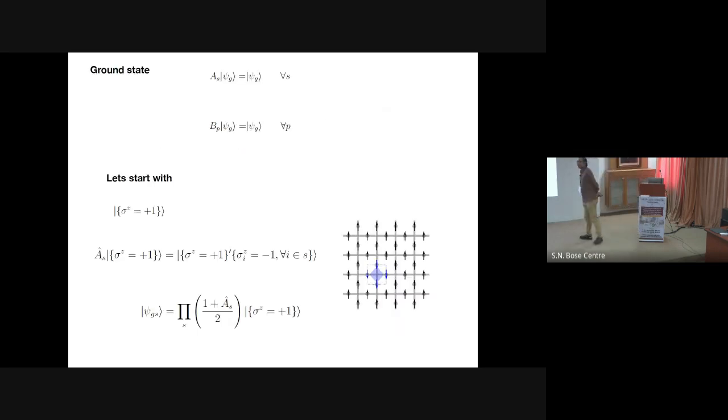If it is exactly solvable, we should know the ground state, and this is where the surprise comes. So what is the ground state for the system? Let's try to construct the ground state, again in an open system.